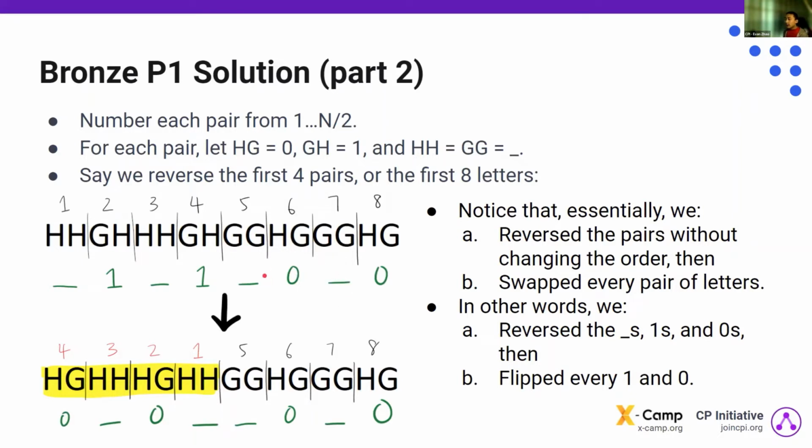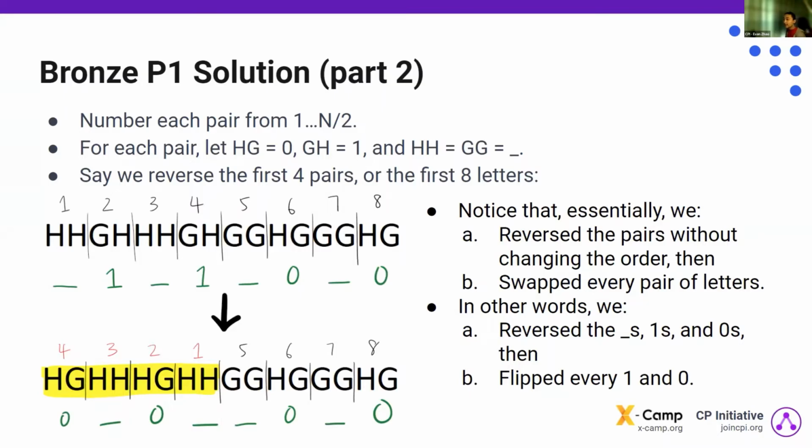I will explain the intuition for letting HG be equal to 0, GH be equal to 1, and so on, but for now, just know that this string will correspond to this sequence of ones, zeros, and underscores. By the way, if any of my explanation is confusing, or you didn't understand something, or I missed something, just tell me.